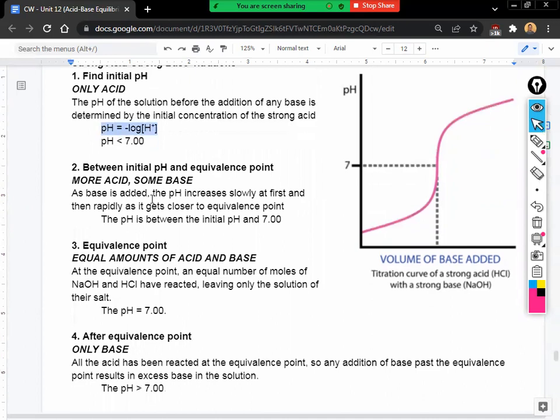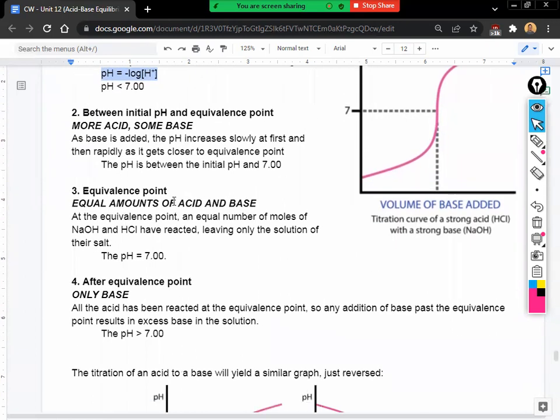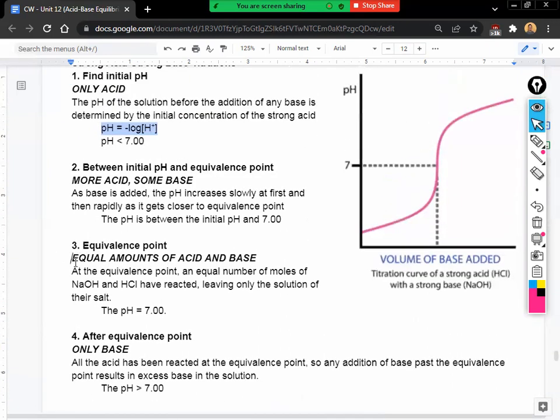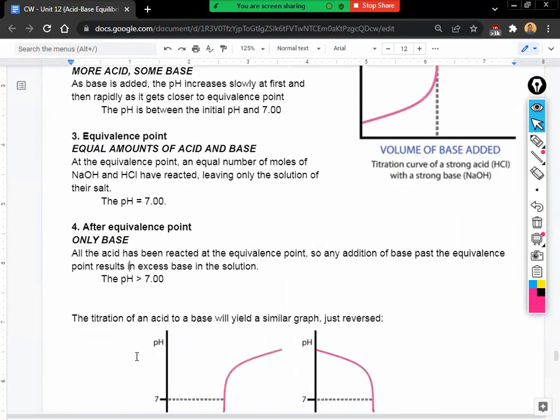Okay, and then as you add some of the base into the acid, it's going to slowly increase. And then equivalence point is when there are equal amounts of acid and base, they completely neutralize each other, and that's 7. And then afterwards, there's only base left. So don't write this down. We already did this back in Unit 4. And you might need a quick refresher, but we're going to go into some tougher calculations instead of this one, okay?